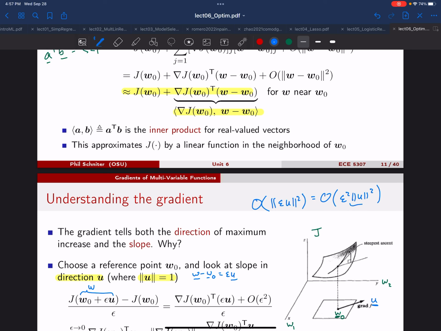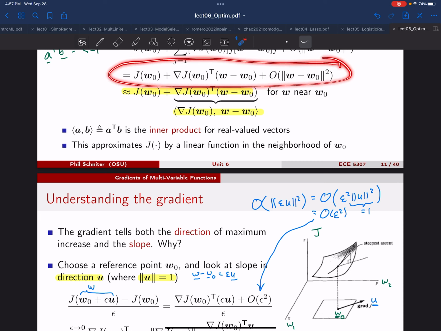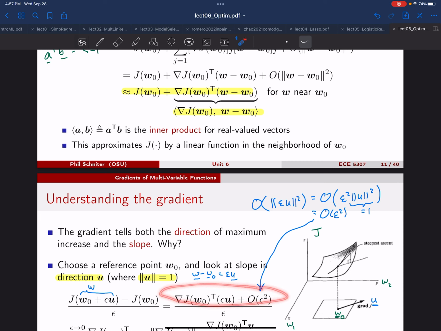And then we said that this is just equal to 1 by definition. So finally, this equals order epsilon squared, which is where this is coming from. Okay, so in order to get from here to here, all I'm doing is applying this equation from the previous page. Any questions on that first step?